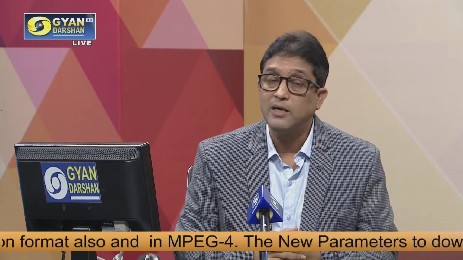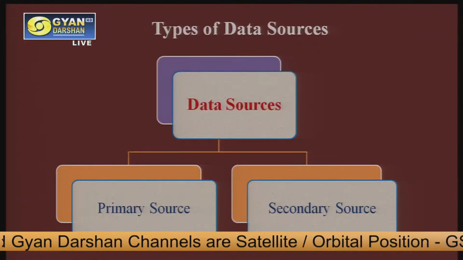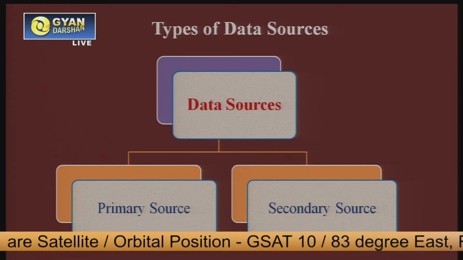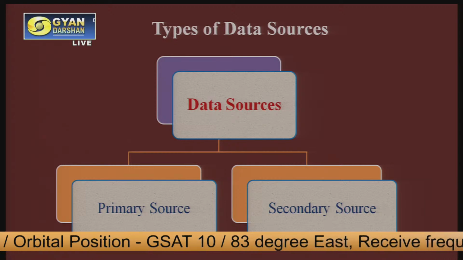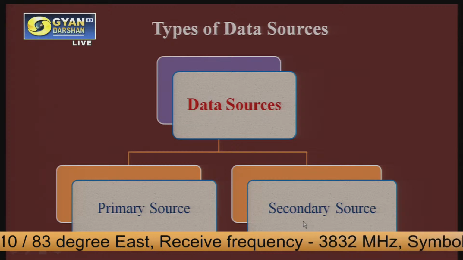Now let me discuss types of data and their sources. What are the different types of data, and what are the different sources that we use to collect data? Mostly there are two different sources of data. We get data by using the primary source or the secondary source.